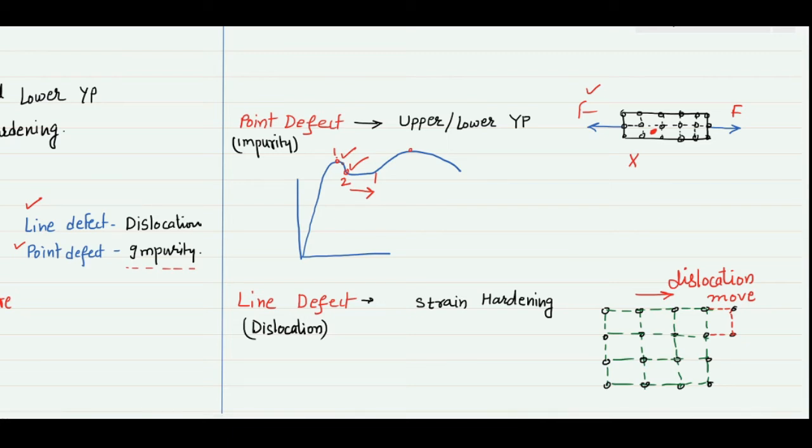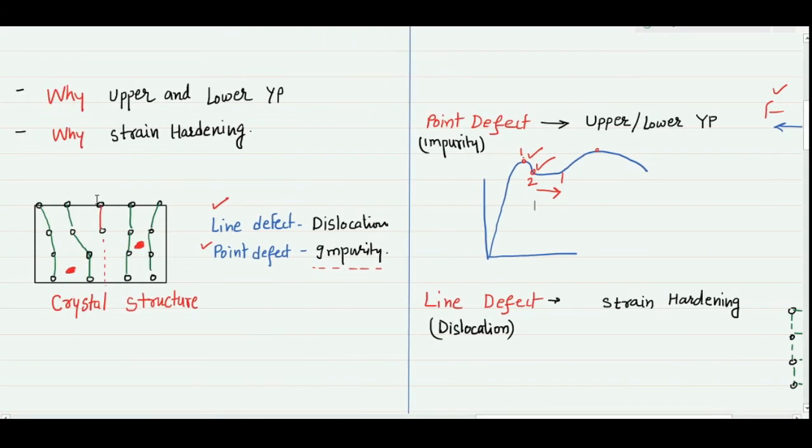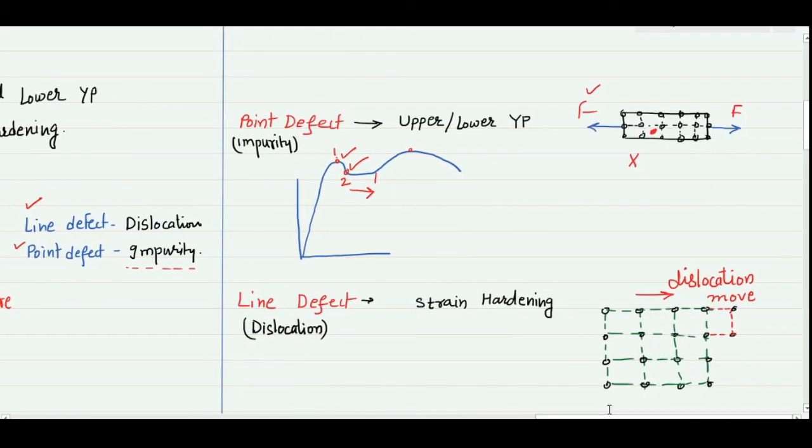Second is the line defect. What happens when we apply the load on the material? When we apply the load, the dislocation moves. The dislocation moves from the mid position to one extreme position, and because of that the material becomes more dense, or the molecules become more packed, and the strength of the material increases.